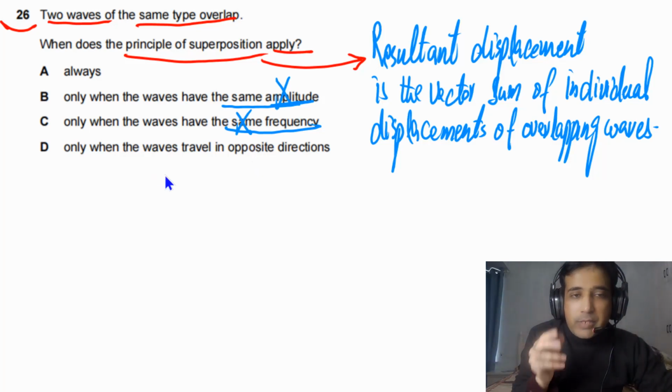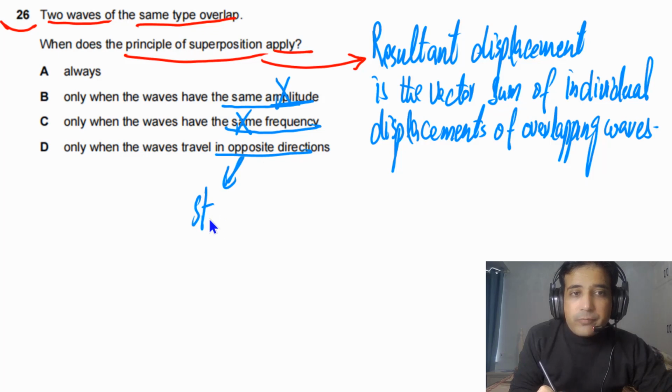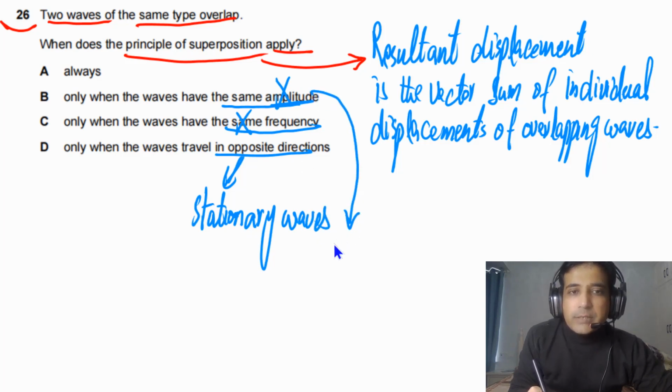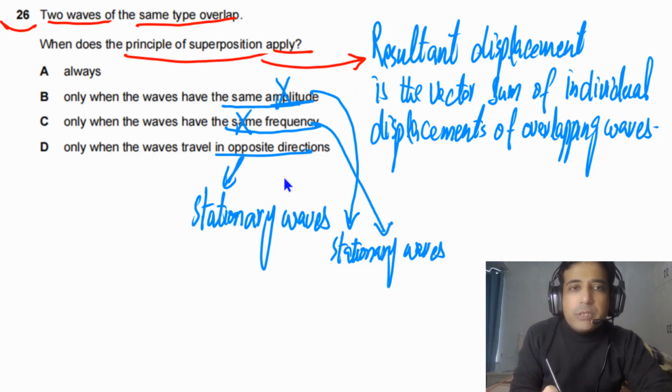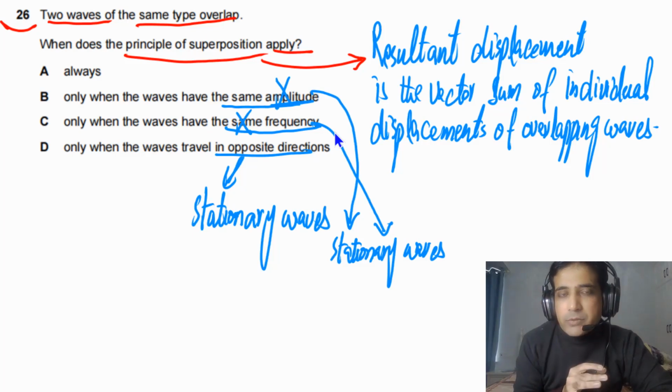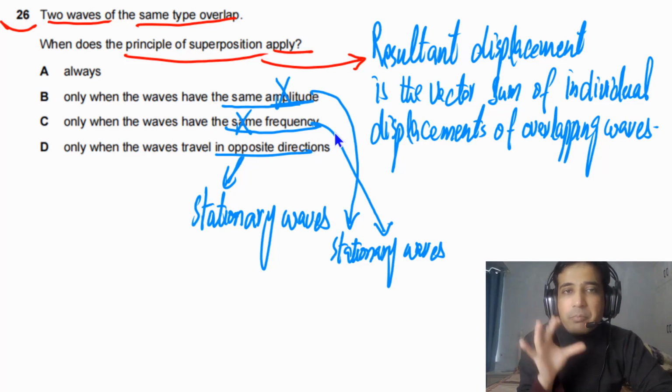But waves traveling in opposite directions is a condition for stationary waves, meaning when stationary waves will be formed. These are the conditions for stationary waves, but not conditions for the principle of superposition.